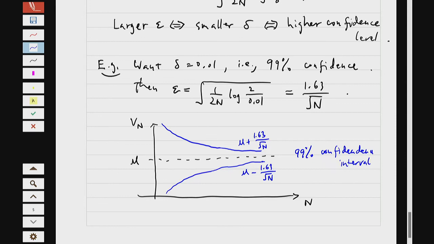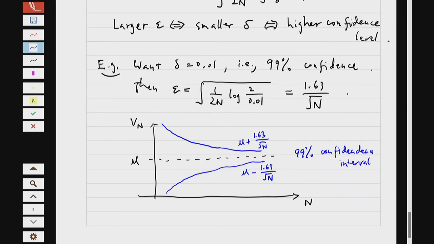Nobody should be surprised that this confidence interval gets smaller and smaller after our analysis. In fact, as n goes to infinity, these two bounds approach mu itself, so with 99% confidence you get exactly mu, or as close to mu as you want.